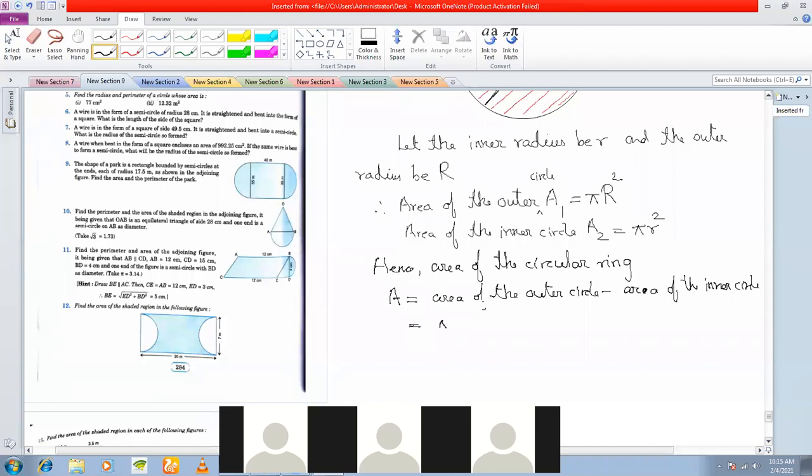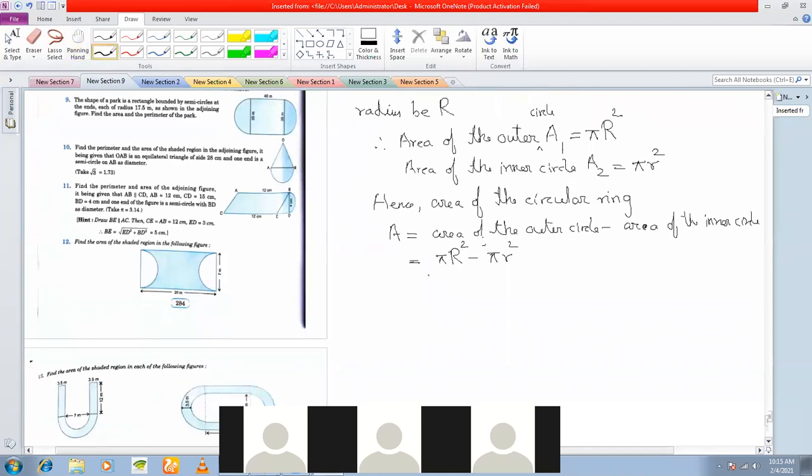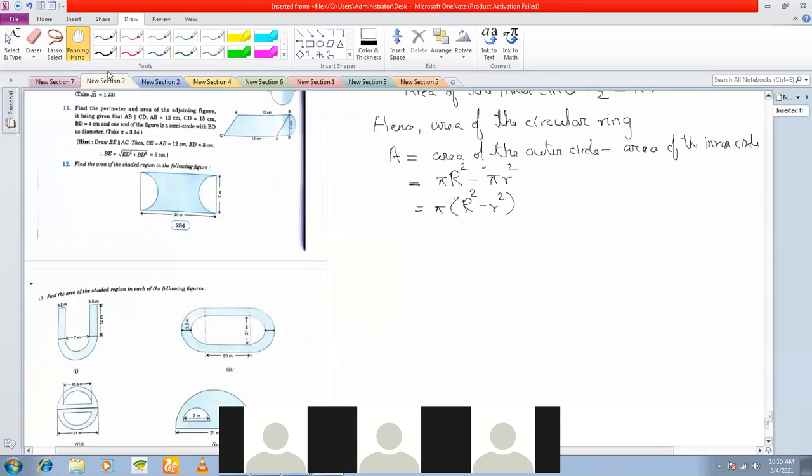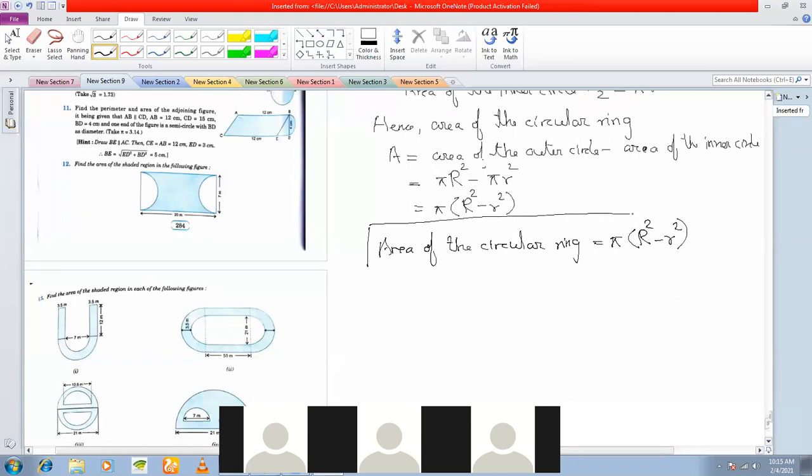That is pi capital R square minus pi small r square. You take pi common and get capital R square minus small r square. So the formula to be remembered is that the area of a circular ring is pi into capital R square minus small r square, where capital R is the outer radius and small r is the inner radius.